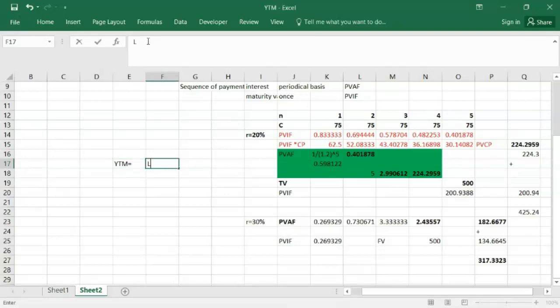First, I need to find out the lower rate of return plus present value of lower rate minus market price, divided by present value of lower rate minus present value of higher rate, multiplied with the difference of higher rate minus lower rate. Understand the formula at first.